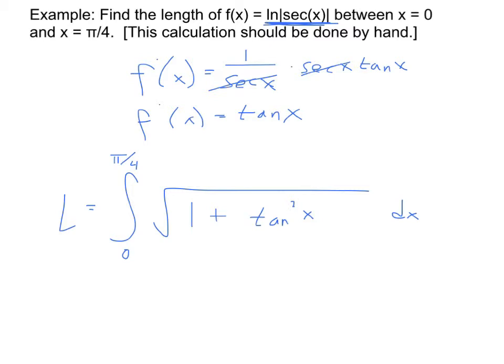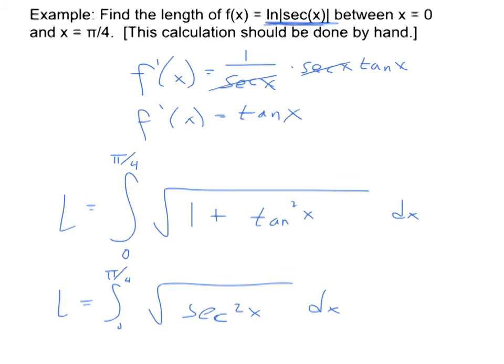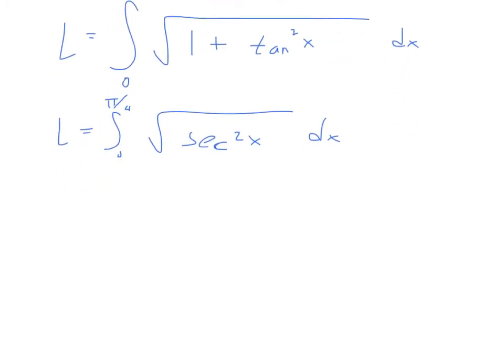My sincere hope is that everybody recognizes that. This isn't some crazy trigonometric integral that's coming back to haunt you from the previous chapter. This is just a basic Pythagorean identity. We remember that 1 plus tangent squared x is equal to secant squared x. So I'm going to end up with the square root of secant squared x dx, and that means I just have the integral of secant x.